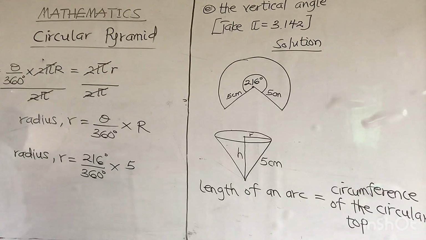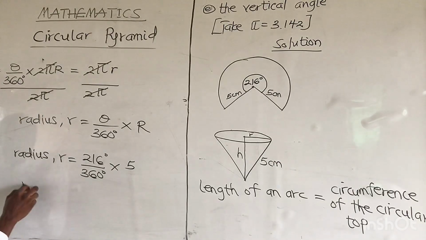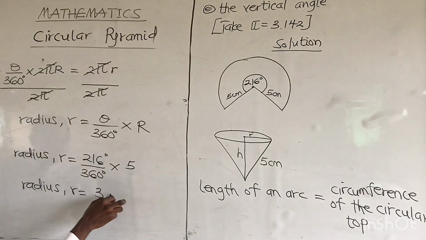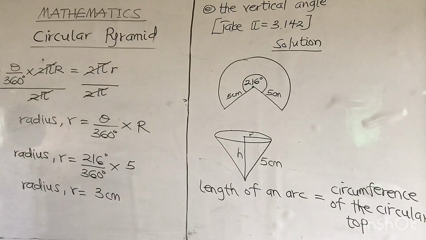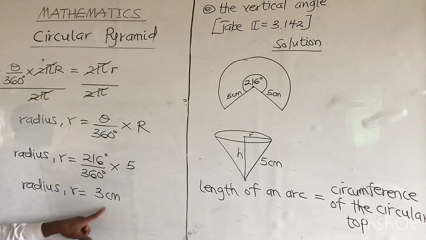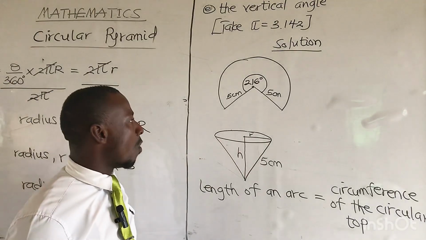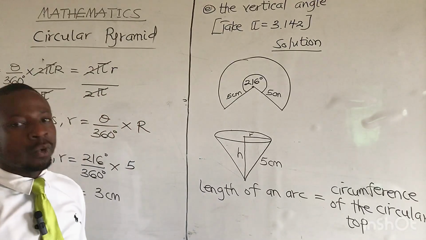So from here, when we have 216 divided by 360 degrees multiplying 5, we have 3 centimeters. So my radius r is equal to 3 centimeters. So this will be the radius of the circular top, or the radius of the cone.